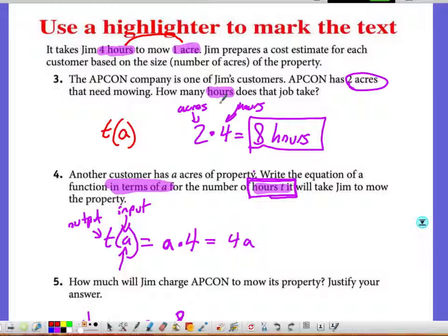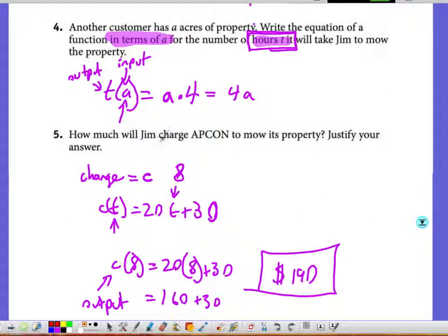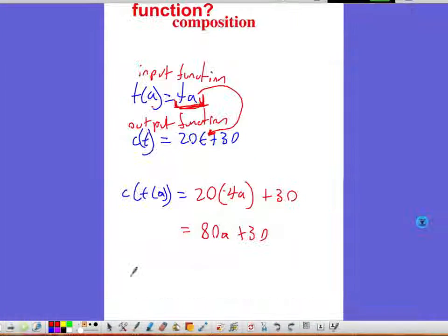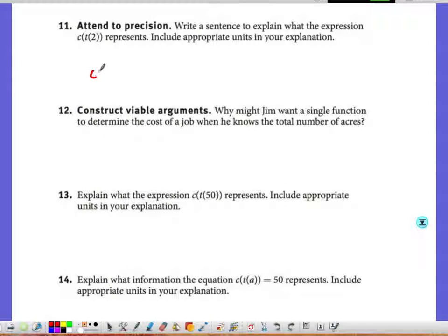So remember when we answered question number 5, it required a two-step process where we changed 2 acres into hours. We got 8 hours, and from the 8 hours we determined the cost was $190. So what does C of T of 2 represent?